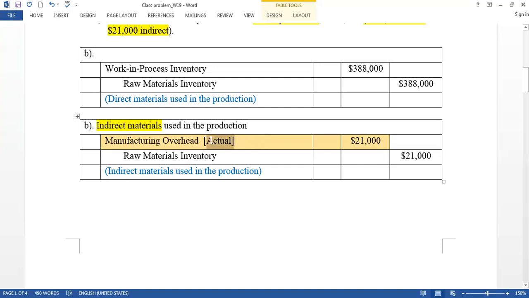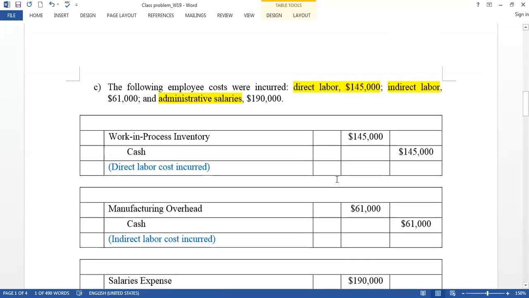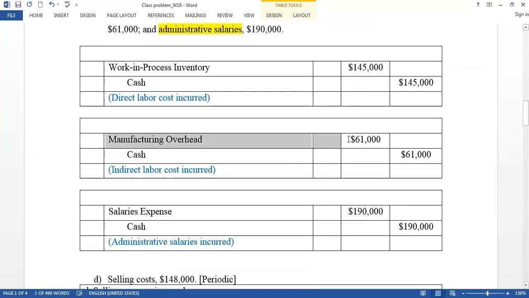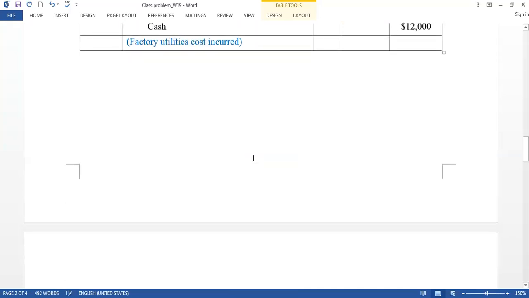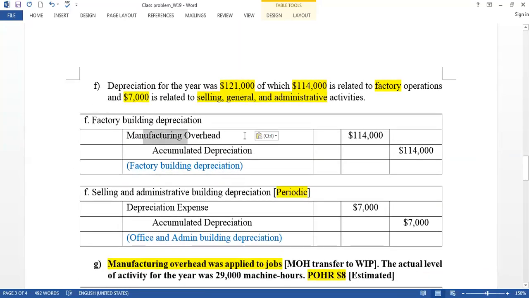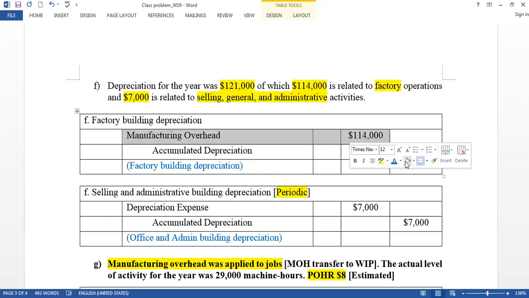We find another manufacturing overhead debit, and this is actual. We find another manufacturing overhead debit here, this is actual. We find manufacturing overhead debit, it is actual.